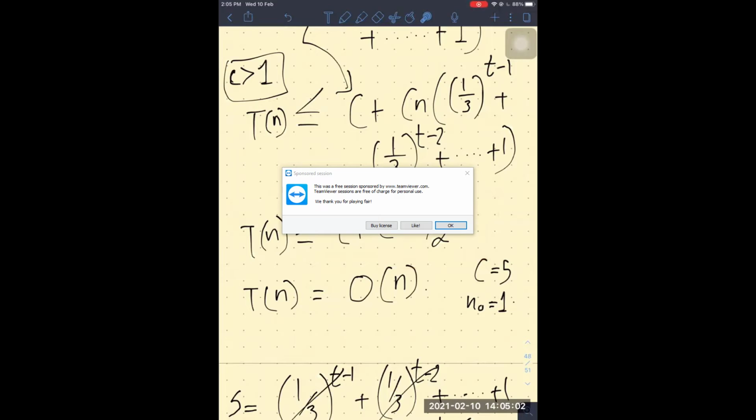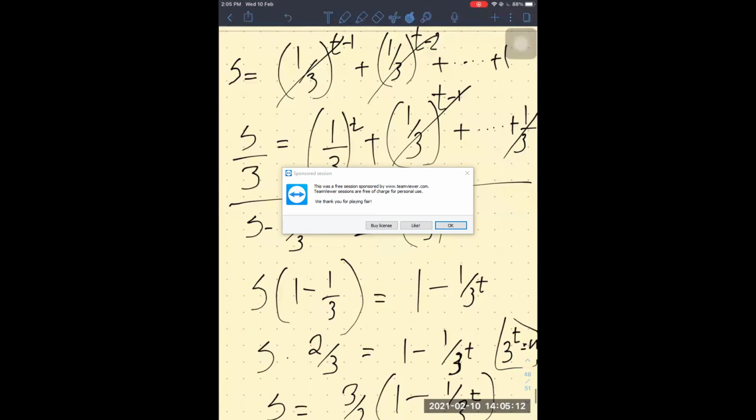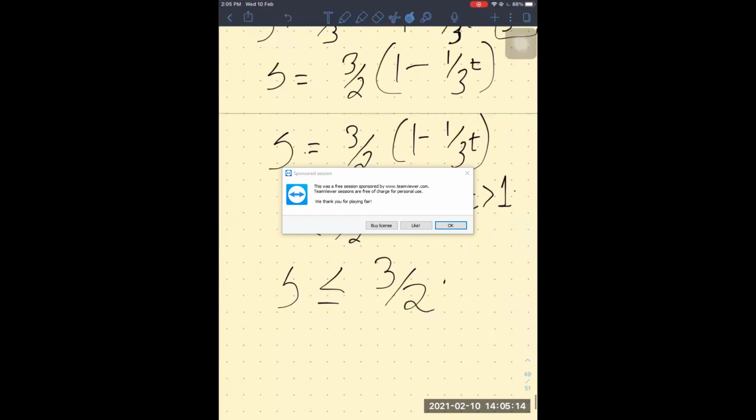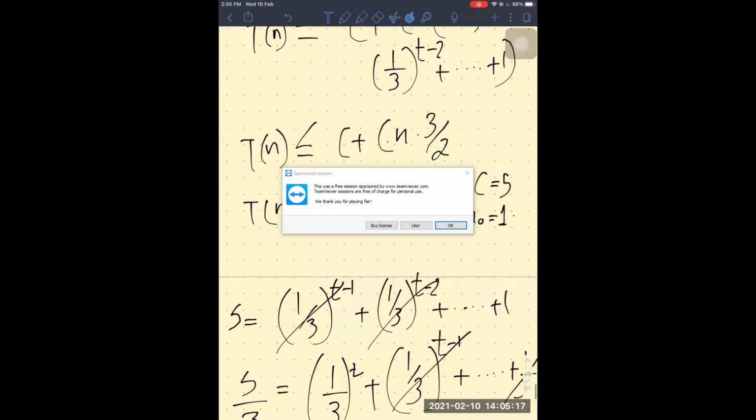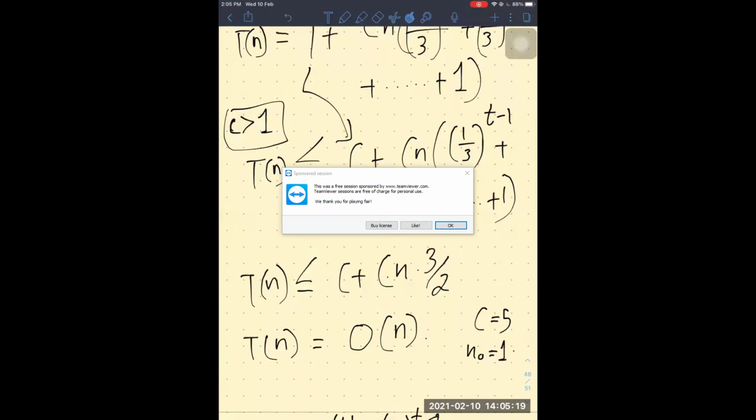Is this part clear? How we are getting this 3 over 2? We got that 3 over 2 from what we did just now, right? Yes, exactly. So from that one, we can say that the sum will be big O of n, as it is less than that for some c and n0.